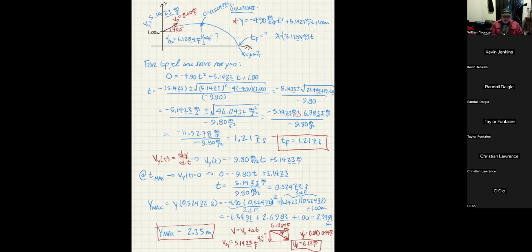Because 6.1284, when I square that, I only get 3 sig figs. That comes to the 10th place. However, when I square 4.4 e to the negative 5, which is what it gave me for the final velocity, that gives me a 0 followed by a decimal point, followed by 9 zeros, and then a 196.